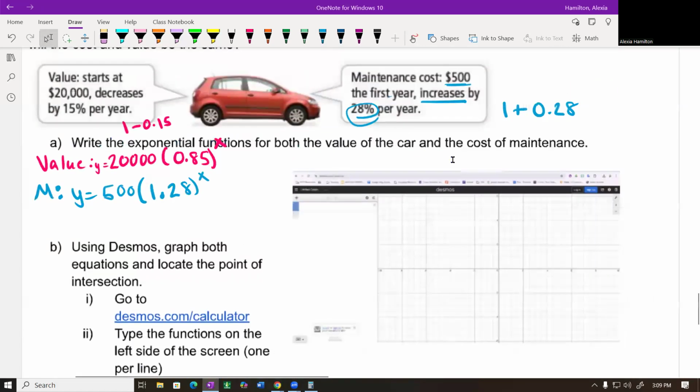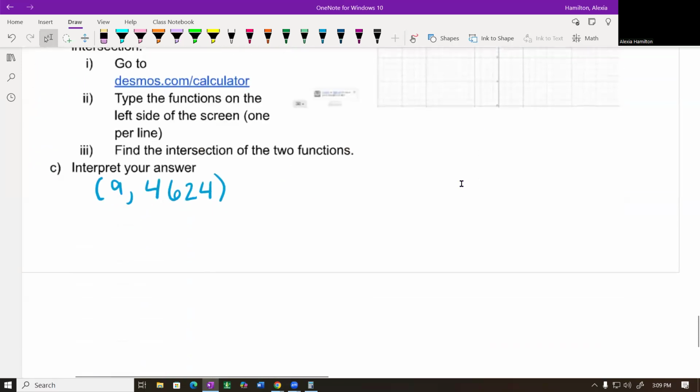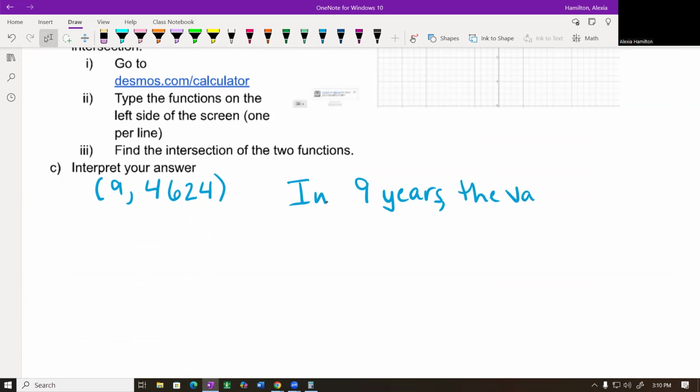Well, X represents the number of years and Y represents the cost. So in 9 years, the value of the car will equal the maintenance of the car.